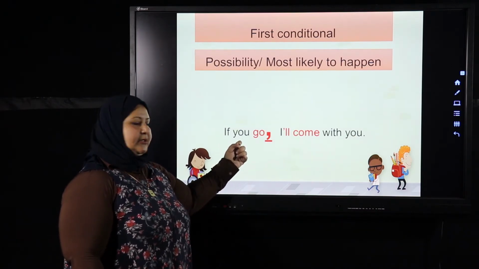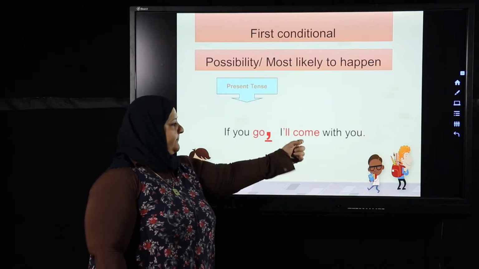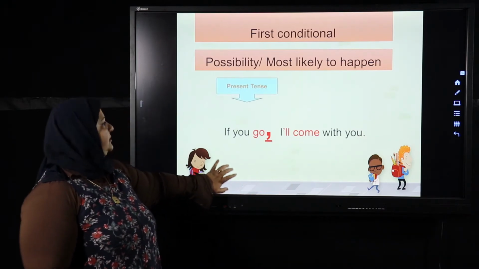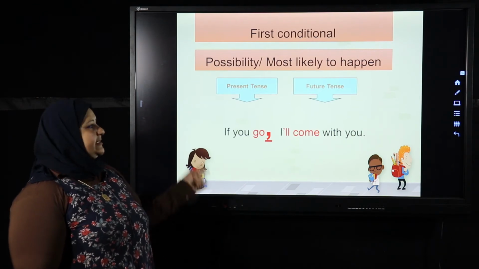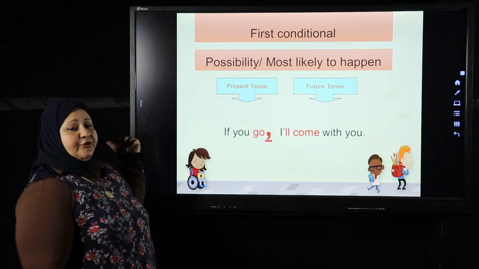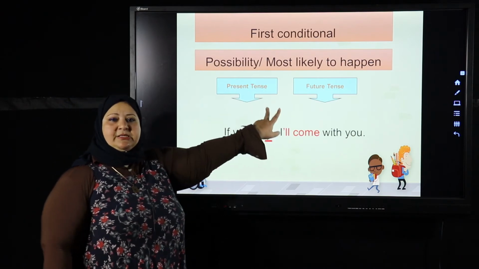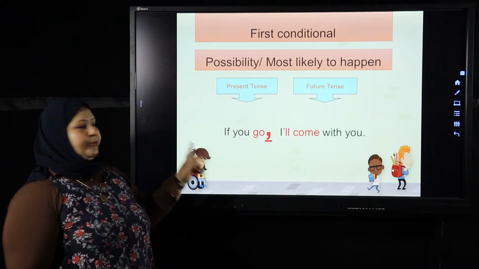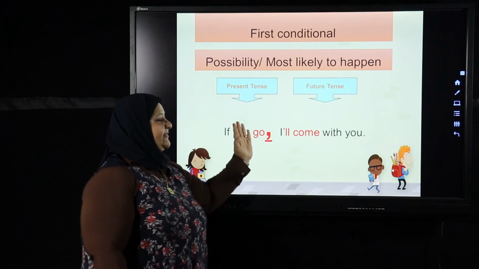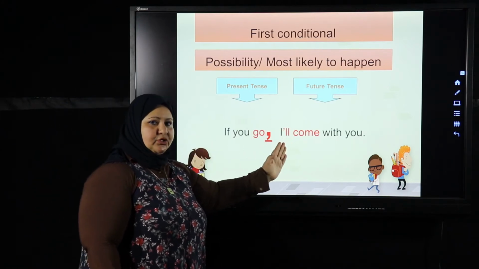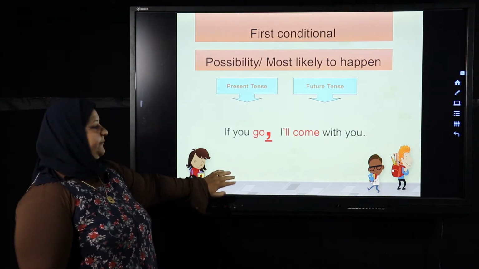If plus present simple, then you add the comma plus the second clause: future tense. Here is the difference. In the zero type we use present simple in both clauses, but in the first type we use if plus present simple, and the second clause will be will, future simple plus infinitive.